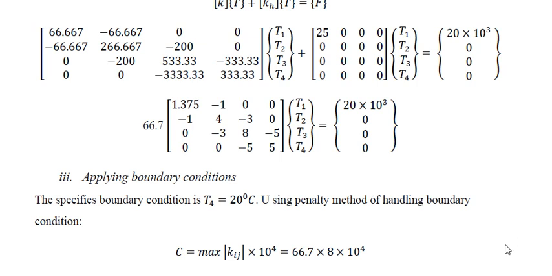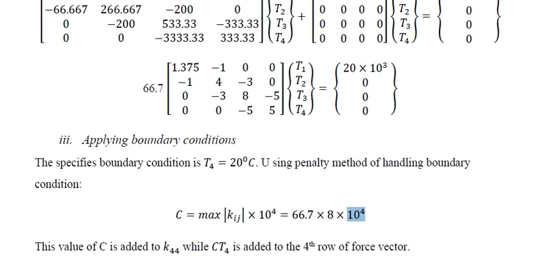Here in heat transfer problem, which is the largest value? 66.67 into 8 is the largest value, into 10 power 4 is taken as C. C is equal to maximum of Kij into 10 power 4, means 66.67 into 8, which is the largest value in this global conduction matrix, into 10 power 4 is the value of C.